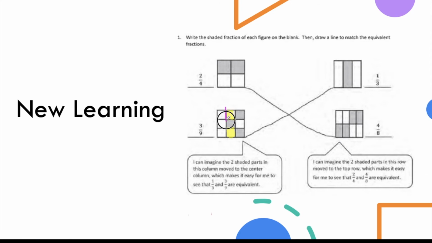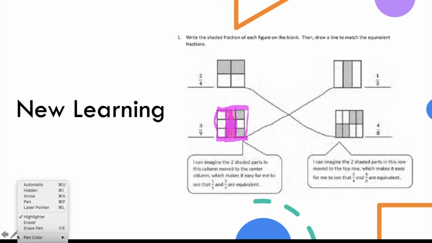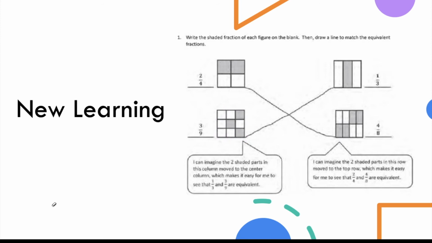You can imagine that there are columns here, just like on the other one. I'm trying to show you the shape outlined. So now we can see, oh look, this is the same. The column is filled in. So 3 of those was the same as 1/3. 3/9 was the same as 1/3.